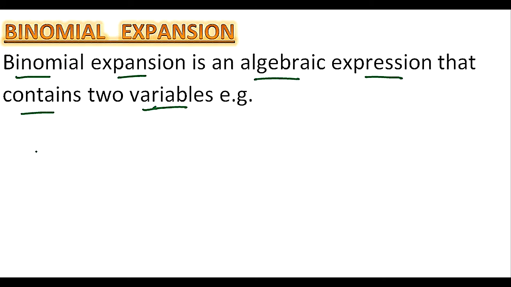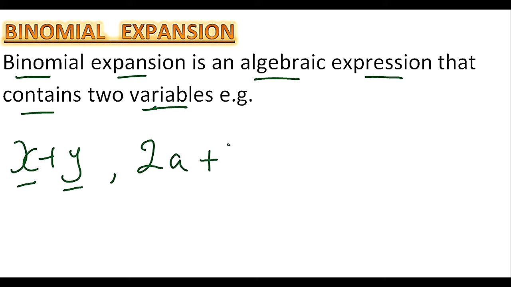For example, we may have x plus y. So x is a variable and y is a variable. So this is an algebraic expression with the two variables x and y, and thus it is a binomial expansion. Another example is (2a plus b) squared.